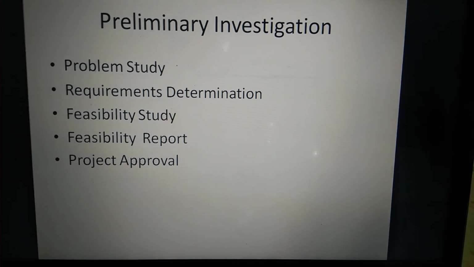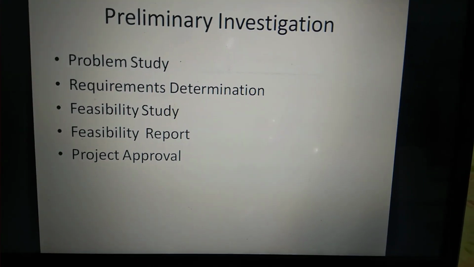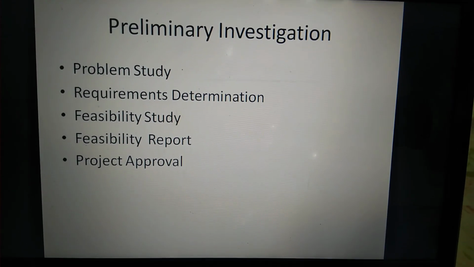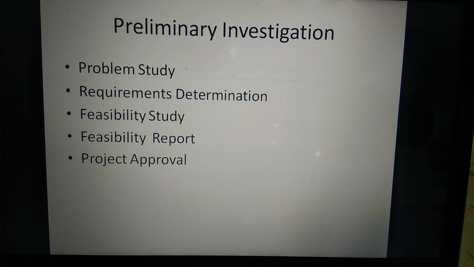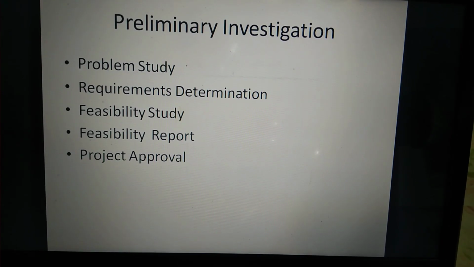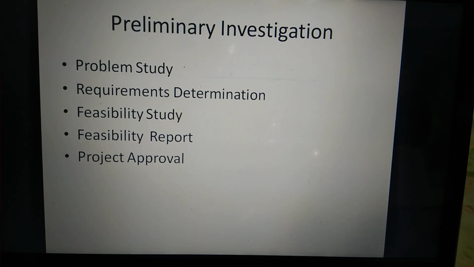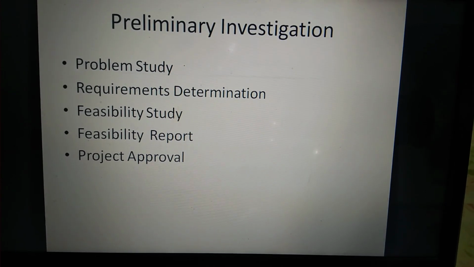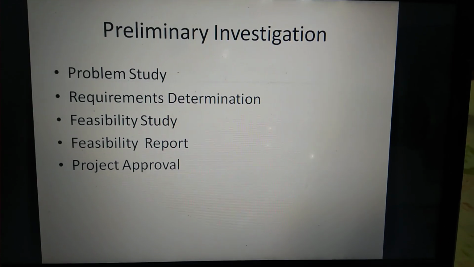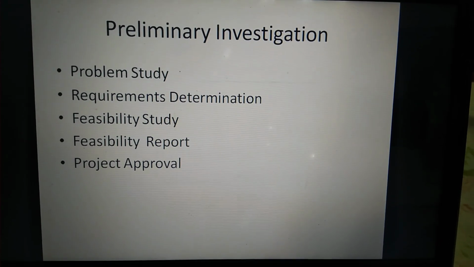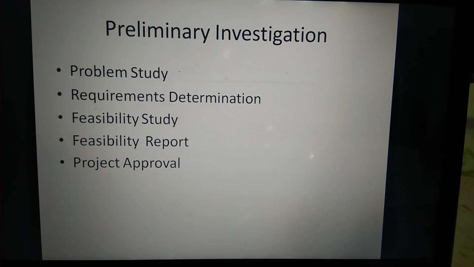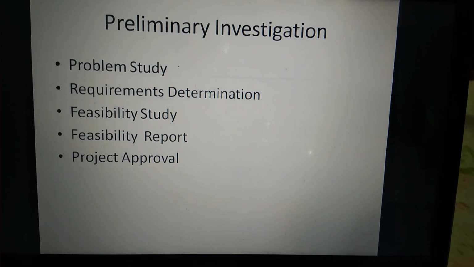What is preliminary investigation? In preliminary investigation, we investigate whether the software project that we are undergoing to accept is feasible or not, whether we should undertake the project for developing the software or not. If it is feasible, then we would accept the project, otherwise we would reject the project.